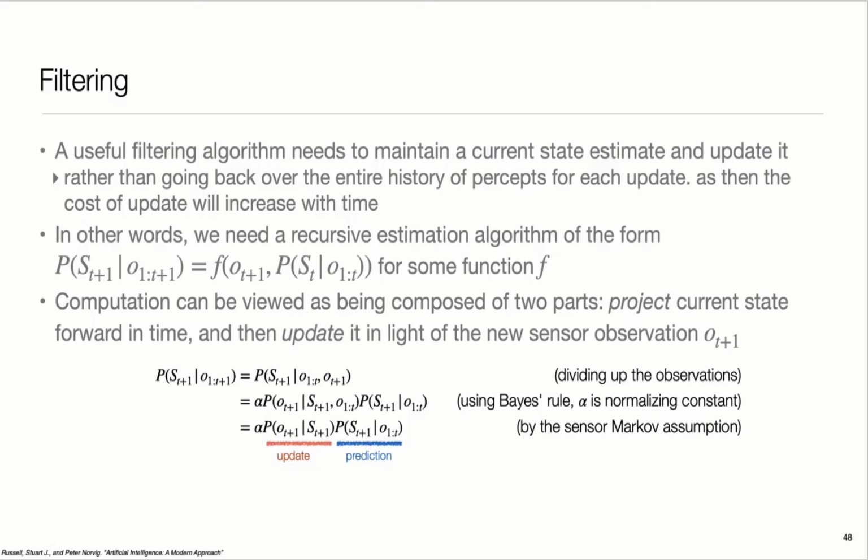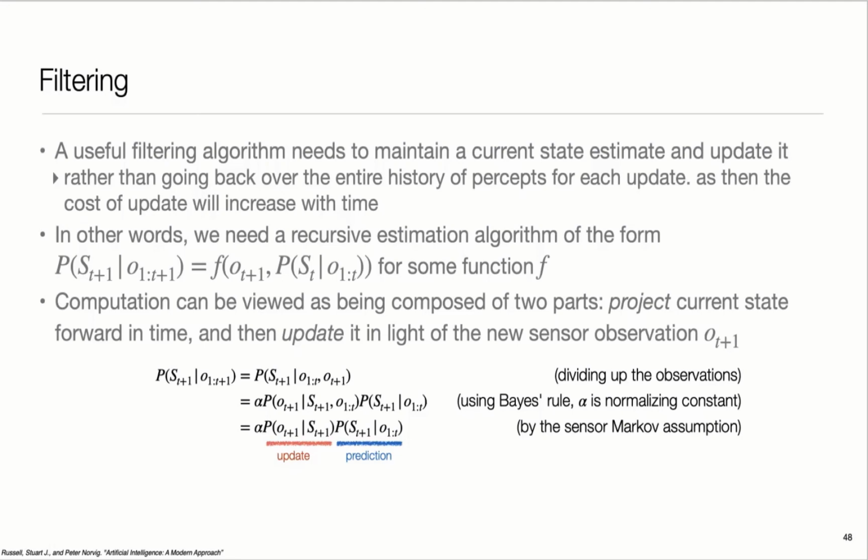In the preceding time step, I must have computed the distribution of S t minus 1 given observations 1 through t minus 1, and now I am at step t. It would be stupid to go all the way and recompute everything. So what you're really looking for is some way of doing things incrementally, in other words, a recursive algorithm where, given the work I have done thus far, I can use it to compute the next one.